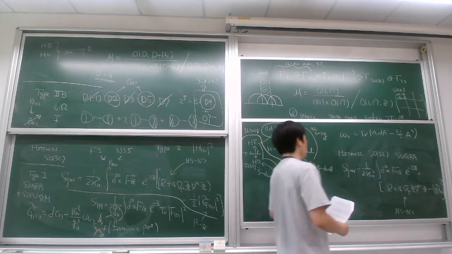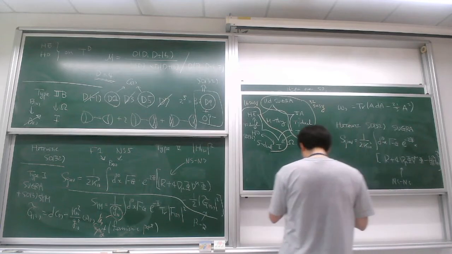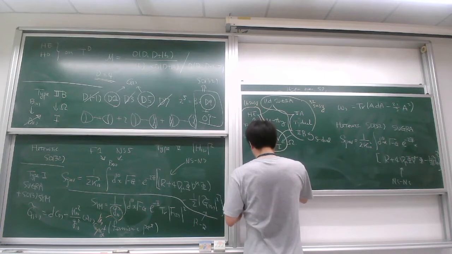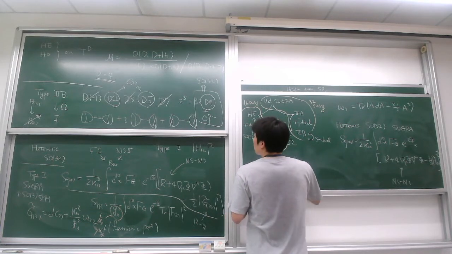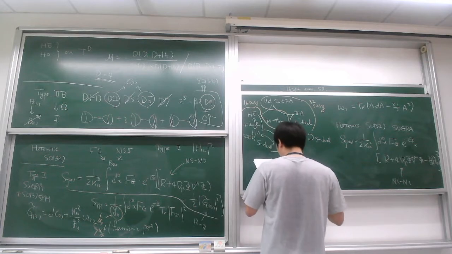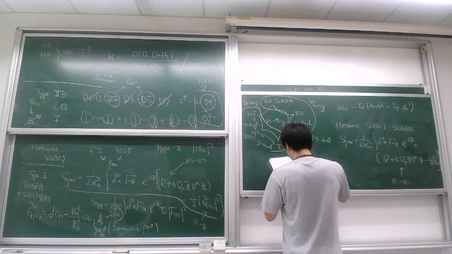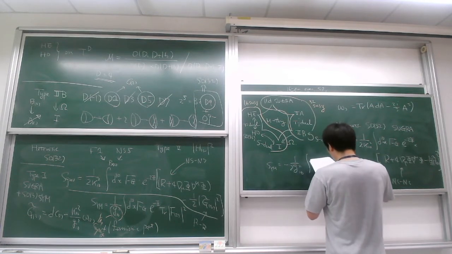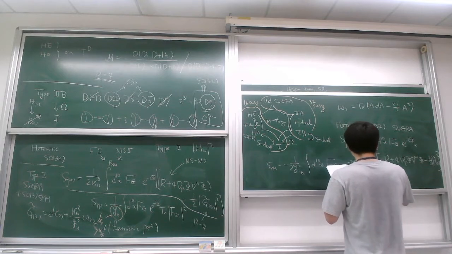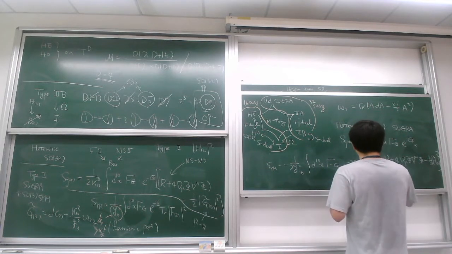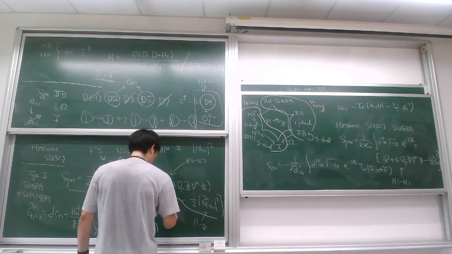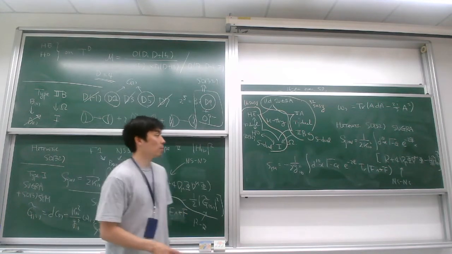And then you have almost the same Yang-Mills action, with a bit different normalization: e to the minus 2 phi, trace of F wedge star F. Let's write down this one, it's also F wedge star F, where F is the field strength of the Yang-Mills field.